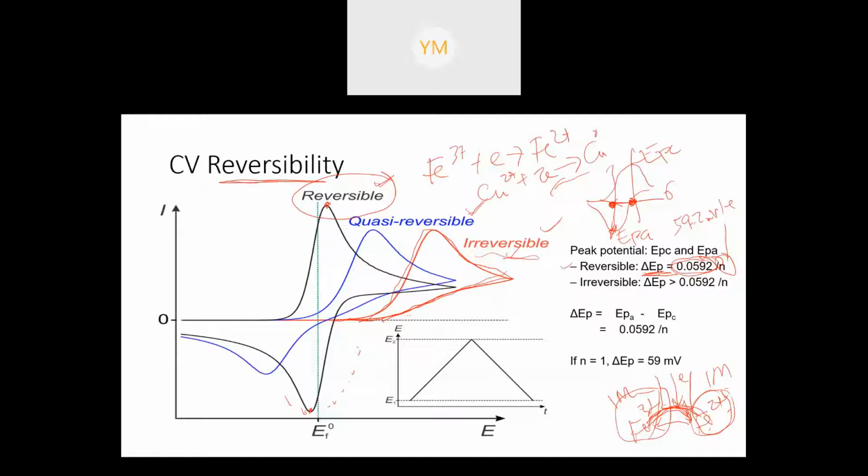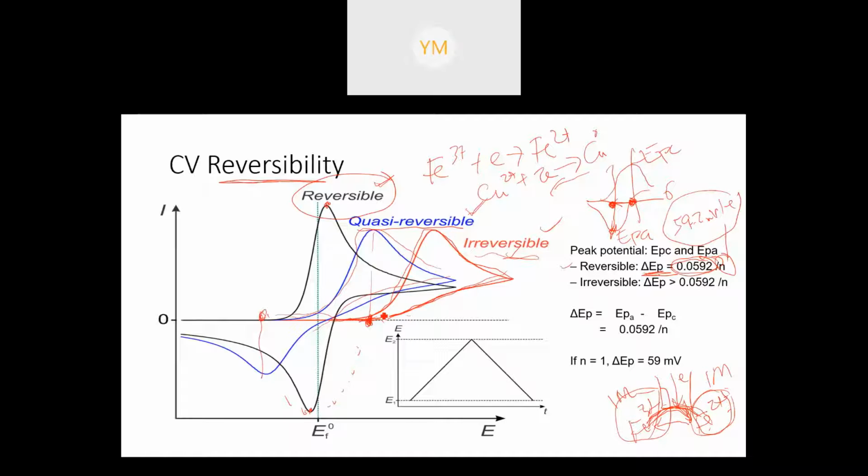For quasi-reversible, it looks like reversible, but if you calculate, for example, the separation between EPC and EPA is very wide.